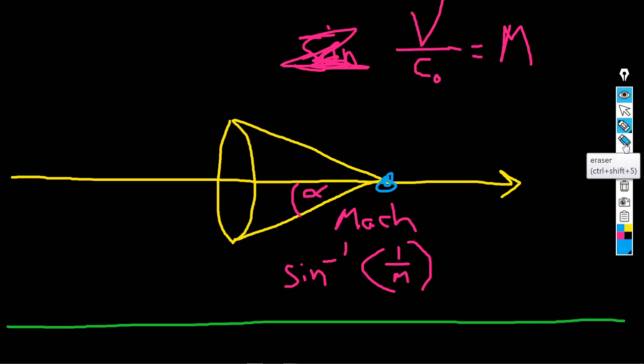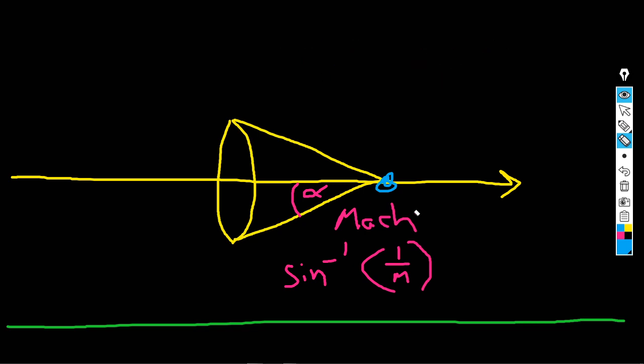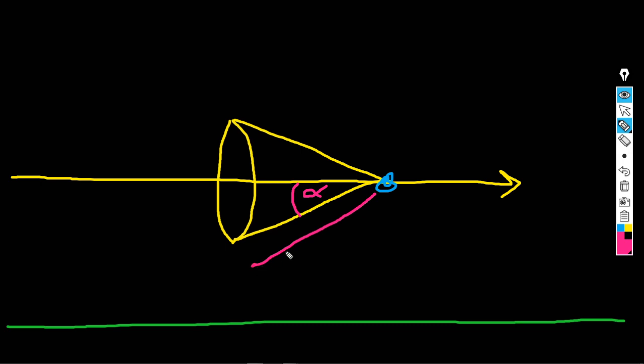So if I erase all the equations and everything on this picture, because I really just want to talk graphically about what's happening, the leading edge of this cone will propagate in all directions. For every increment of time, it'll move further and further away from where it was.